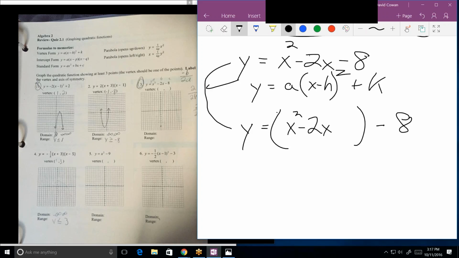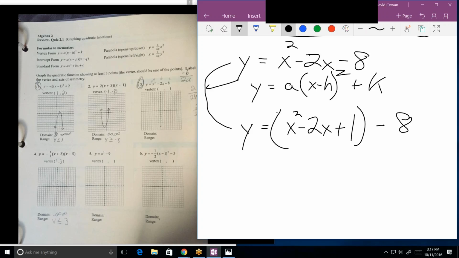What I'm going to do is take half of the coefficient of the x term, square it, and add it. Well, if I take half of 2, I get 1 or -1. Square that, becomes +1. I'm going to add it right there.